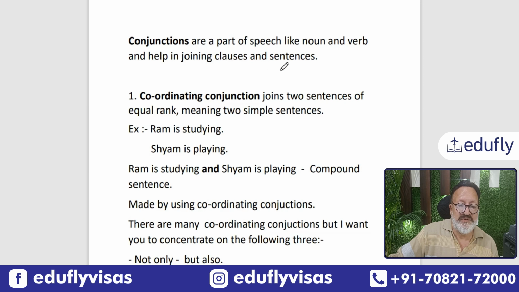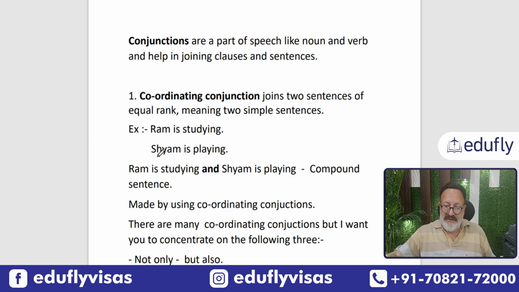So there are two types of conjunctions. One is the coordinating conjunction. This joins two sentences of equal rank, meaning two simple sentences. We can join them with a coordinating conjunction. Let us take an example. Ram is studying and Shyam is playing.